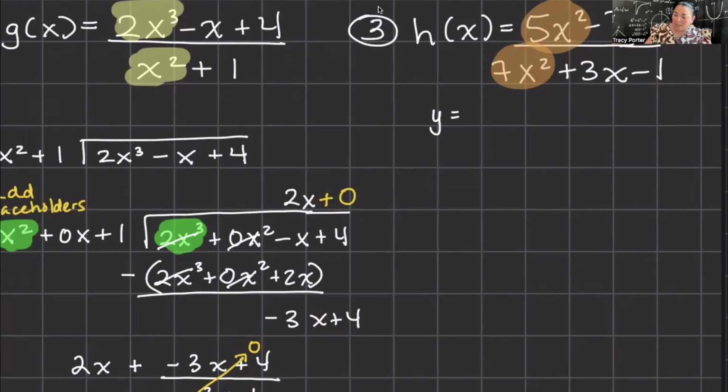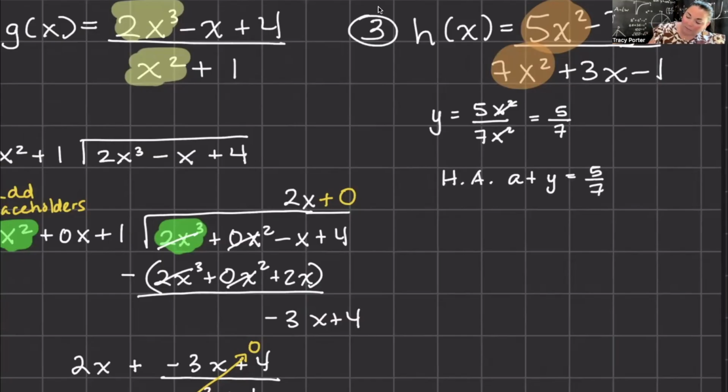The x squared over x squared if we look only at the ratio of the leading terms. And so we can see this is going to approach 5 over 7. So automatically we know we have a horizontal asymptote at y equals 5 over 7. And so that will be your horizontal asymptote there.